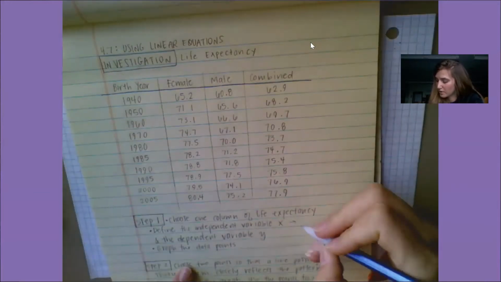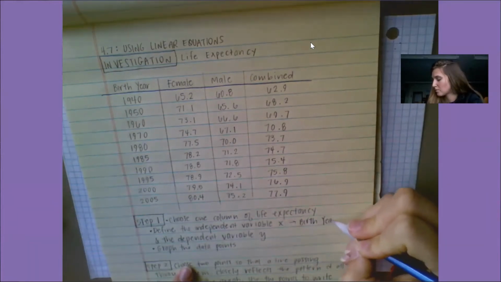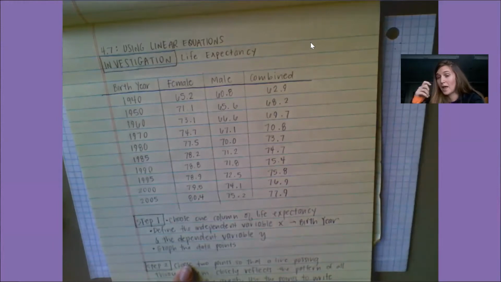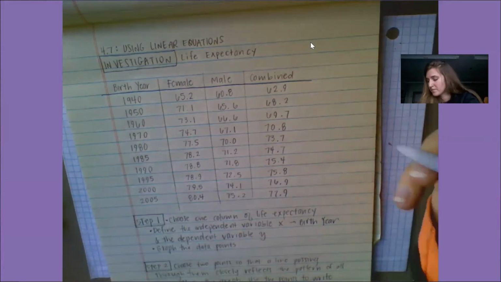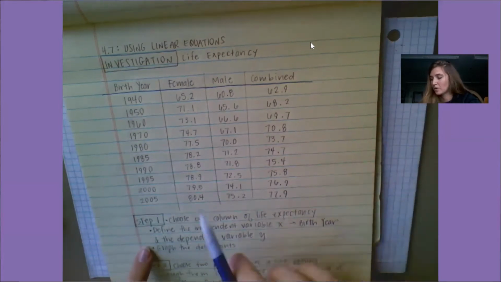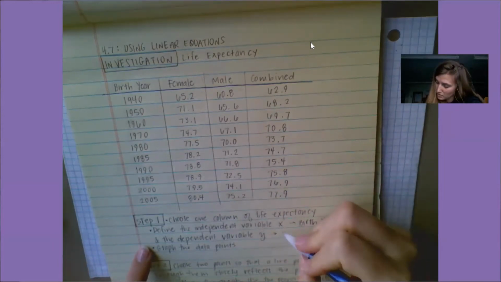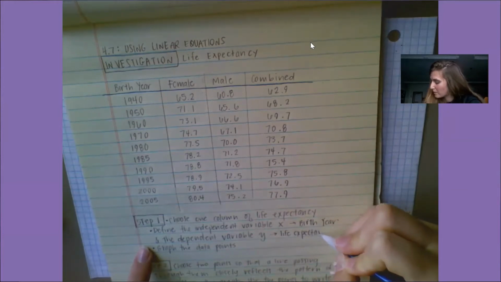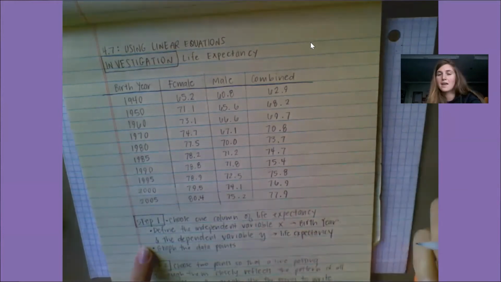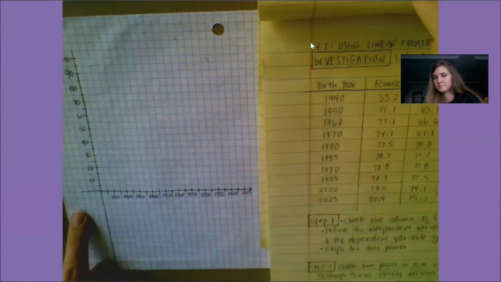That's represented by the variable x, and it's plotted along the x-axis, the horizontal axis. The dependent variable is the life expectancy, in years, represented by the variable y, along the vertical axis, the y-axis.